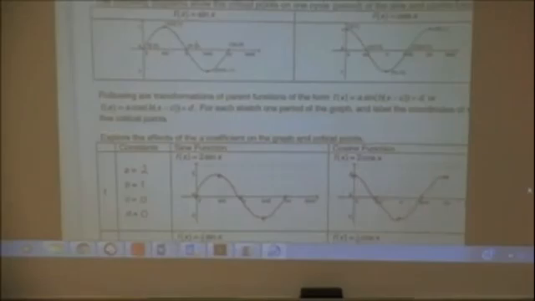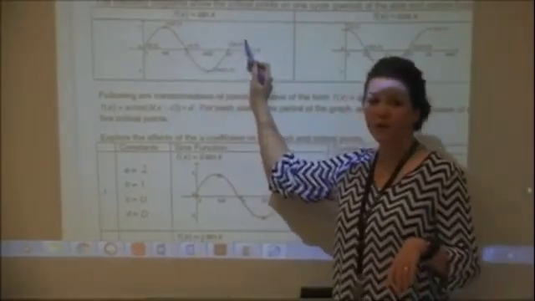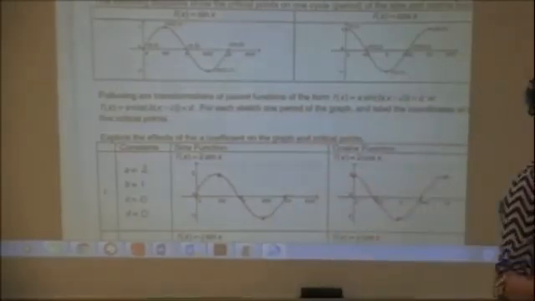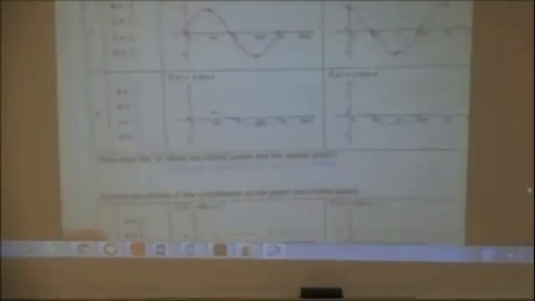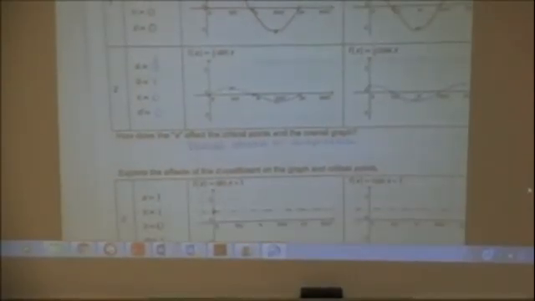Now, if you're using your critical points to graph, it is a vertical change only. So again, your horizontal values, or your X values, on your 5 critical points aren't going to change. Your Y values, you're adding 1. So my first point, instead of being 0, 0, is now going to be 0, 1. My second point, the pi over 2 doesn't change, but the Y value, I add 1.